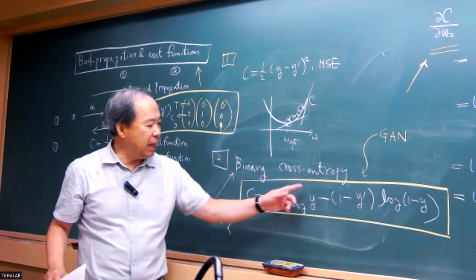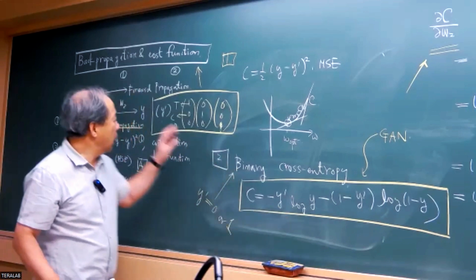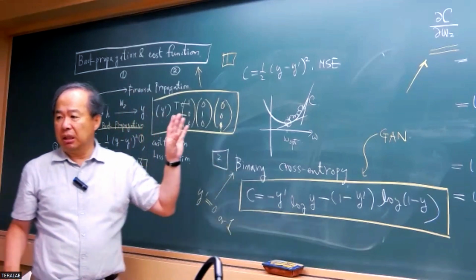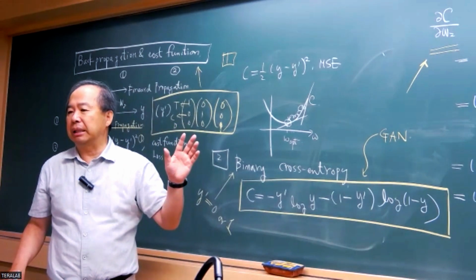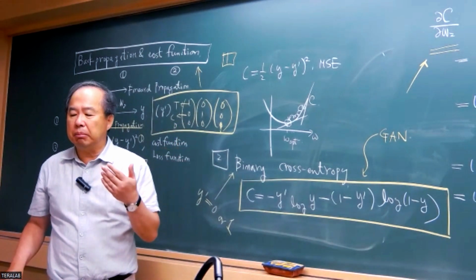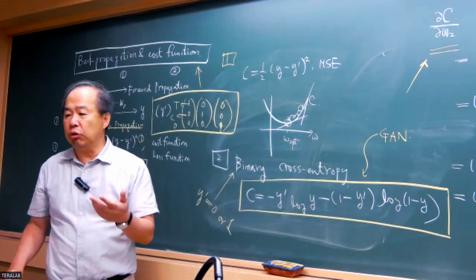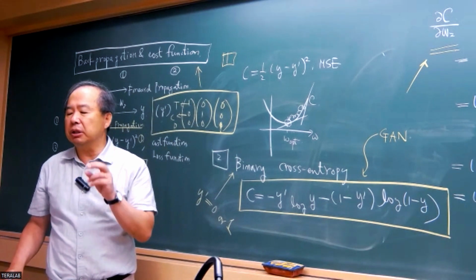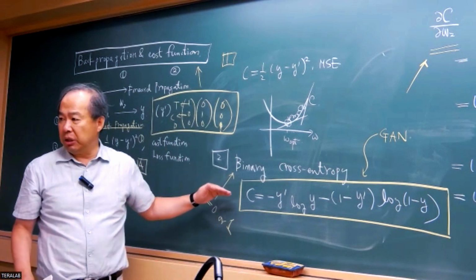If you have higher entropy, that means your output y is very fuzzy. You cannot determine whether it is good or bad or something like that. This explanation today is probably not easy to understand, but after a certain number of classes, we will be more familiar with this entropy equation.